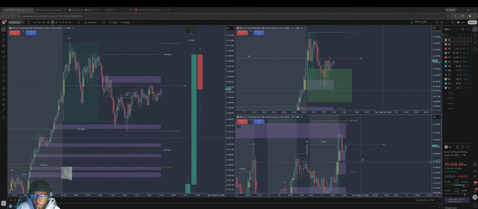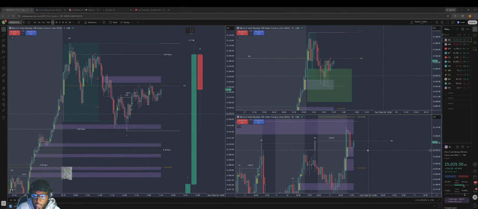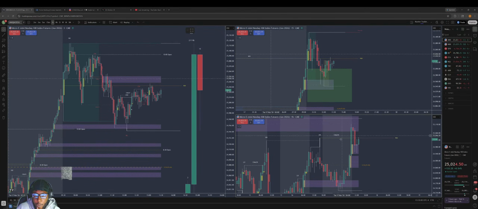I want y'all to look at the bottom right side of my screen. This is the hourly time frame. I have the 15-minute time frame on the top right side of my screen, and the left side of my screen is the 5-minute time frame.